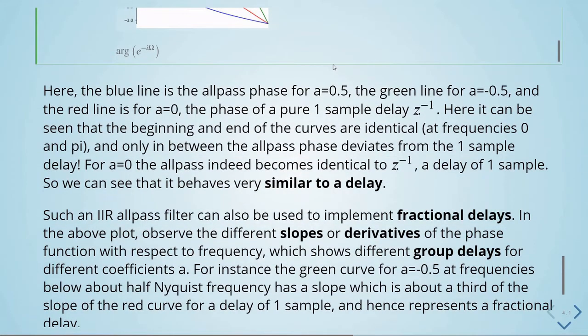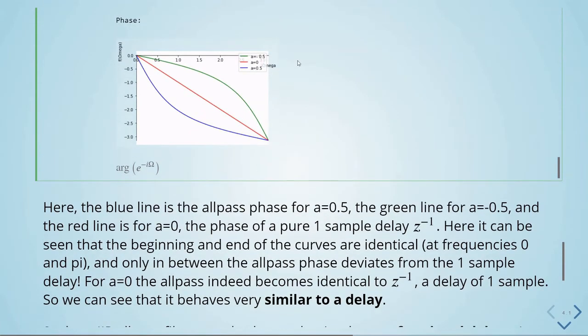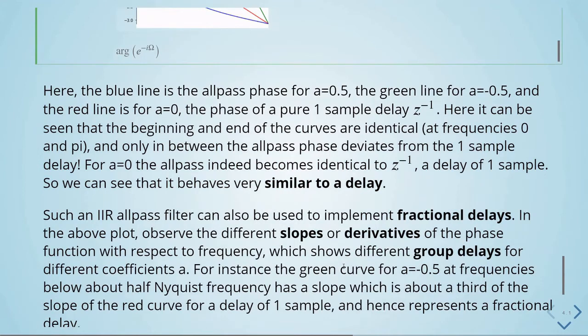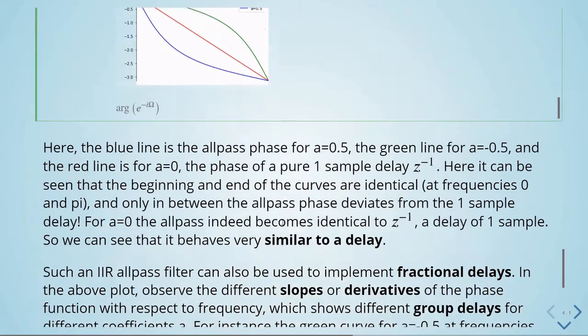So for instance, the green curve is a equal to minus 0.5. At frequencies below half the Nyquist frequency, it has a slope which is about a third of the slope of the red curve, which is the delay of one sample, and it represents a fractional delay.